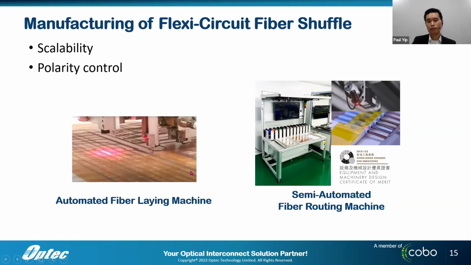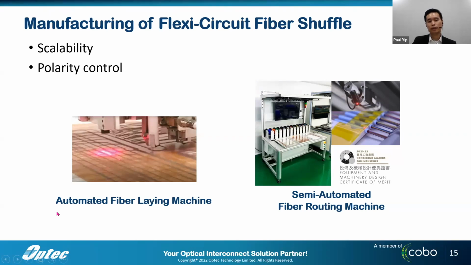So we've been developing since around 10 years ago, and also, of course, the industry has a lot more history about this technology. So for Optec, we have been developing our own semi-automated machines to do the fiber routing, just to control better on the polarity.